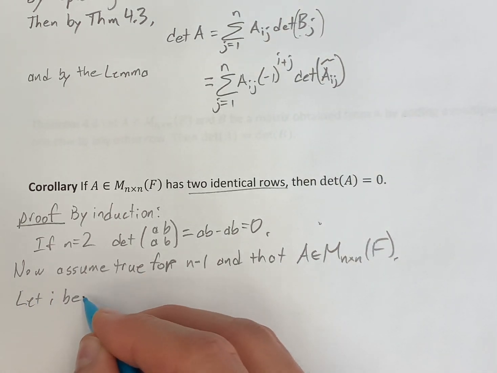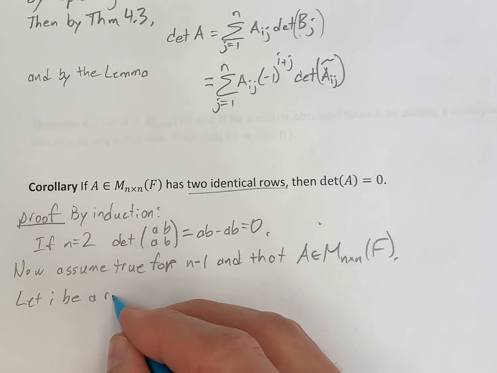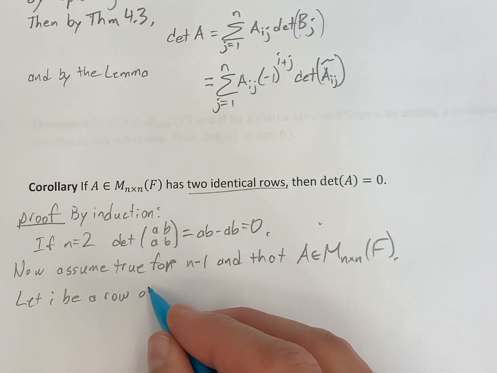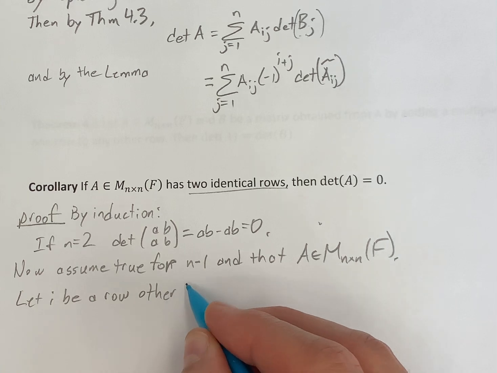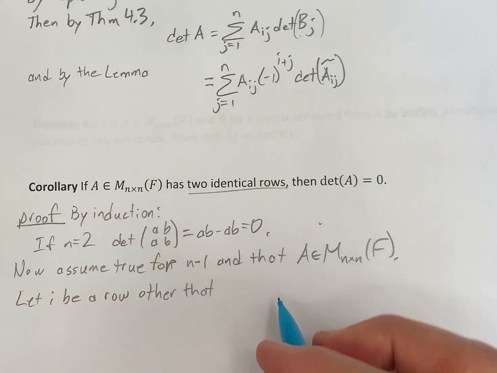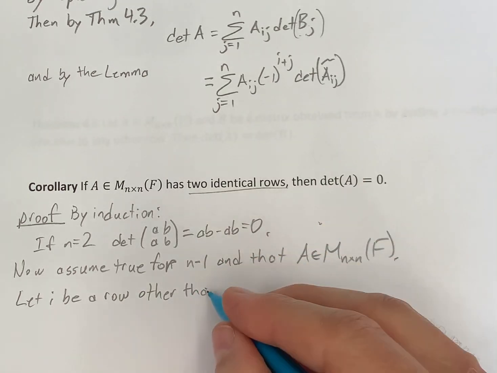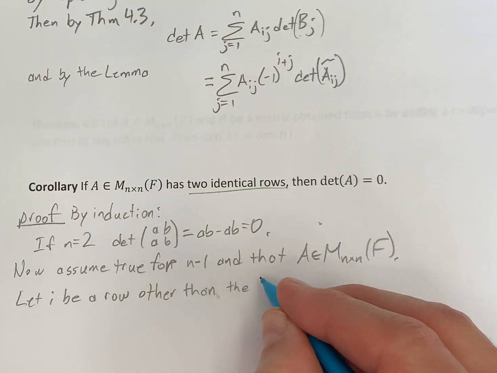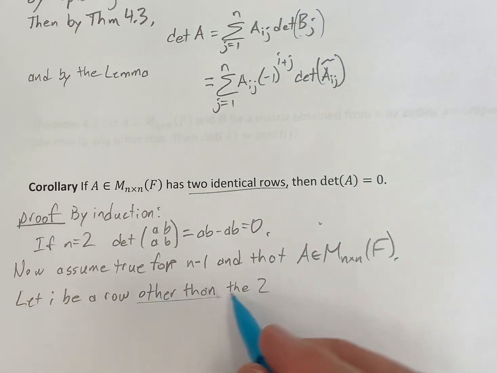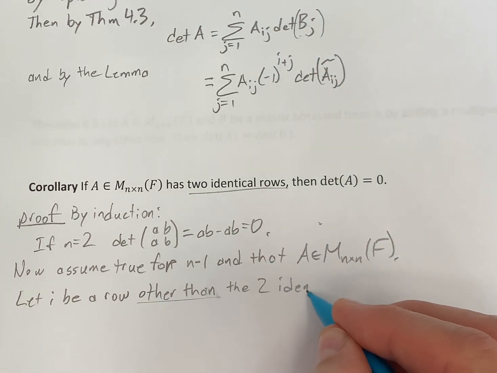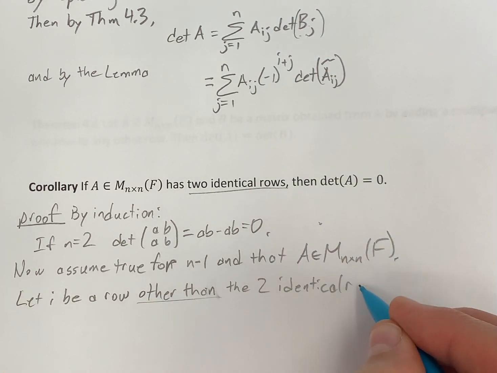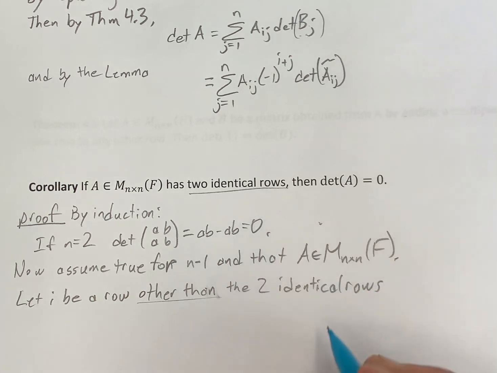Let i be a row other than the two identical rows. I think this is the interesting part of this proof.